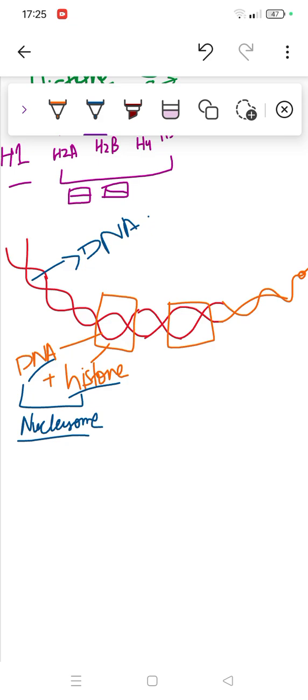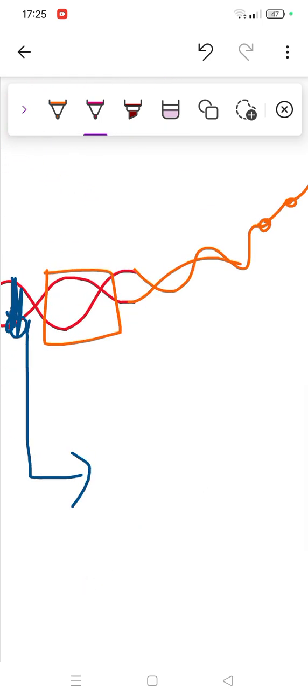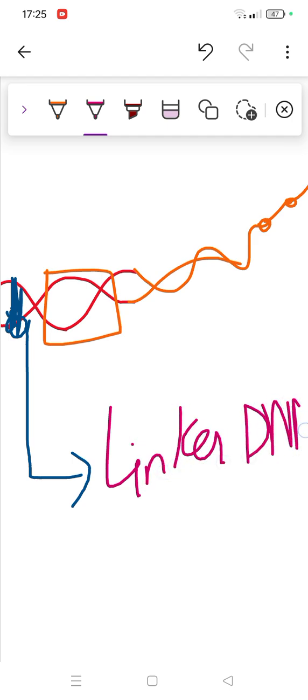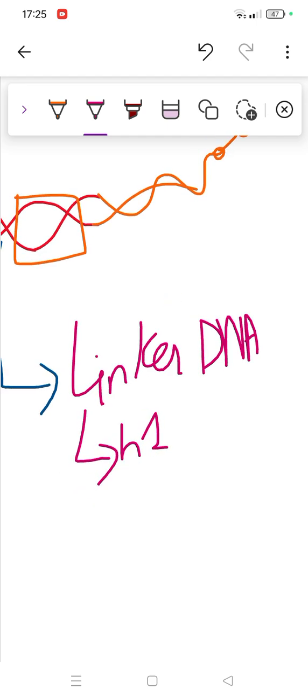Then comes another part. Here is the part where there's no attachment of histone. What will it be called? Whenever you see no attachment of histone, that's called linker DNA. Linker DNA is made up of H1. So for the linker, remember always H1 histone is used, not any other.